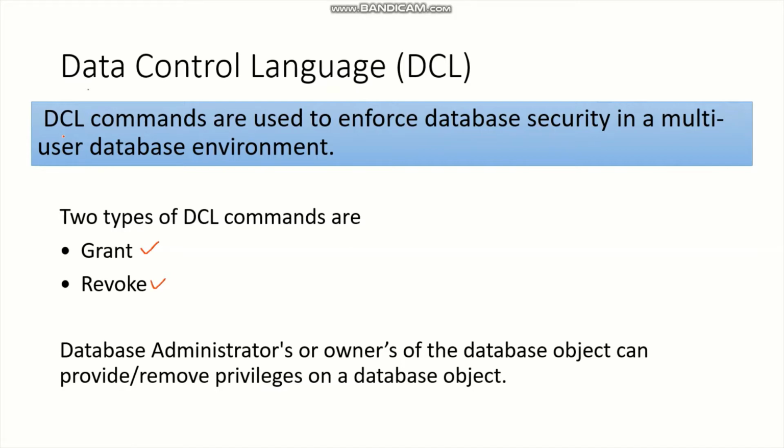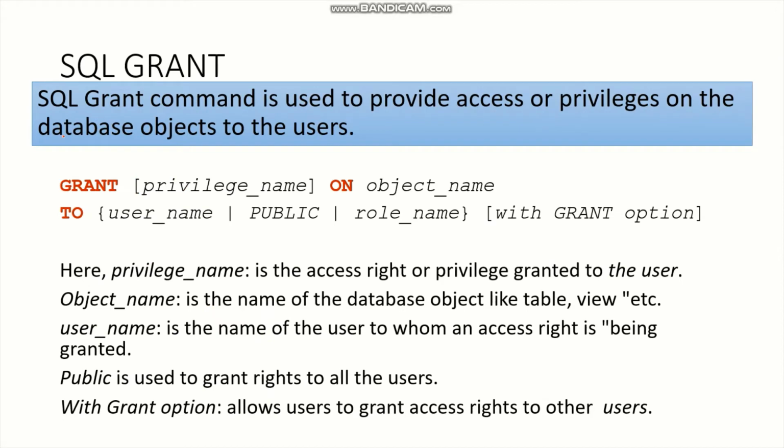Database objects can be the database itself, views, tables, and even a single attribute in the table. With the help of the grant command, we can provide access or privileges to a single user or multiple users, so they may use objects.